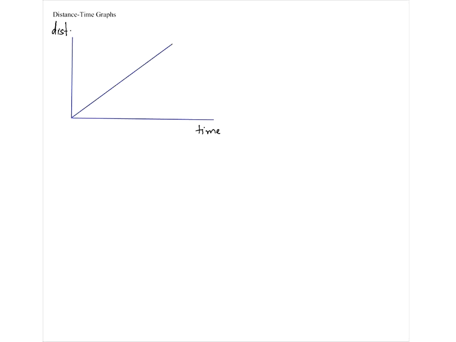And how does one find speed from this graph? Take any two time points, corresponding to those time points you will get distance points, and speed would be this.